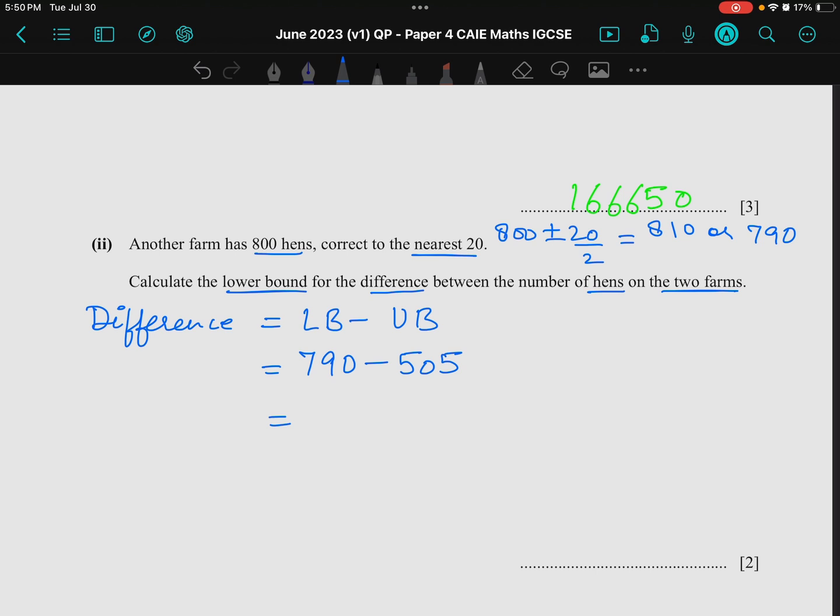This is a formula that you will be using, lower bound minus upper bound, to find the difference. So you will subtract the upper bound of the first farm from the lower bound of the second farm. So it will be 285. Answer.